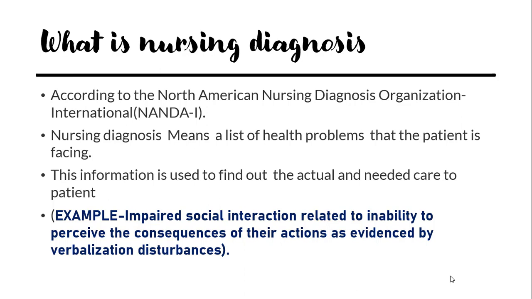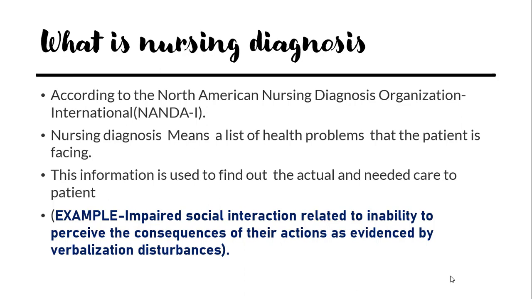Here, impaired social interaction is the problem, related to inability to perceive the consequences of their action, as evidenced by verbalization disturbances. In this format you have to write the nursing diagnosis. The words related to and as evidenced by are important while writing a nursing diagnosis.